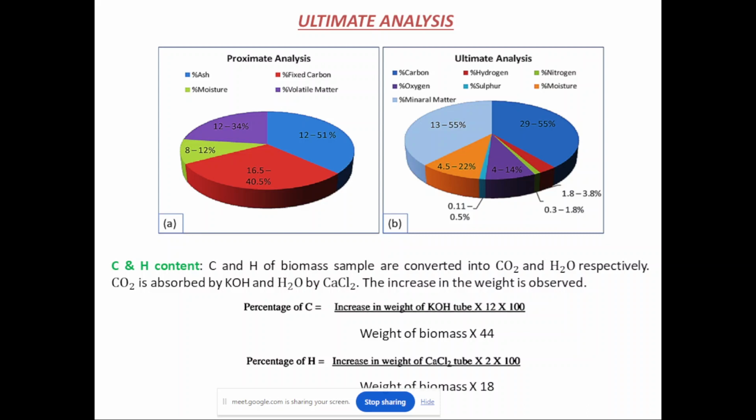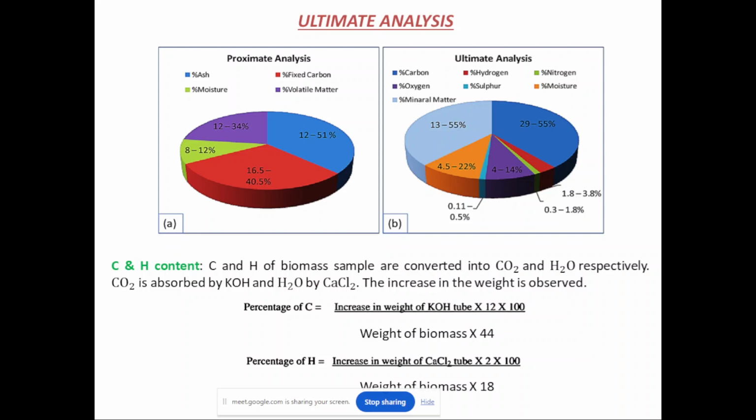So all those trace amounts of inorganic components will be classified under the ash category of your proximate analysis. Here we will discuss only these 5 elements and how to find them through various chemical techniques. The first one is how you find the carbon as well as the hydrogen content of your biomass sample.